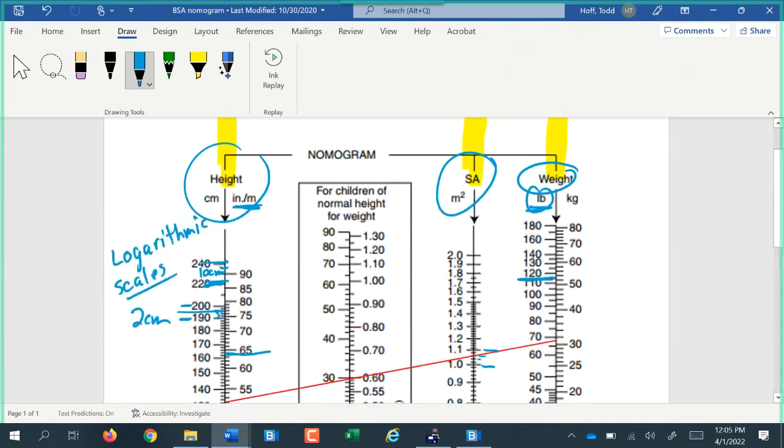Now, the second big limitation here, and I've always thought this was really kind of strange and a little bit funny, has to do with just how things line up. On the height side of things, you can see it goes up to 90 inches. 90 inches is 7'6". I don't think we're going to run into too many patients that are 7'6".